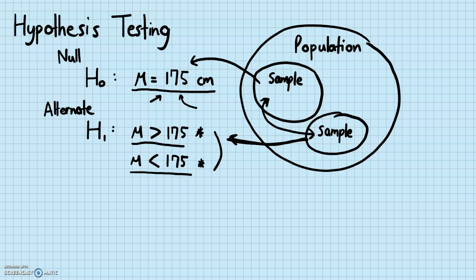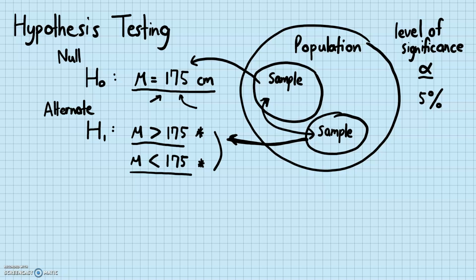Okay, and this approximation is called the level of significance. And this is usually notated as alpha. Okay, and we use different percentages for alpha depending on the situation. We'll use 5% in this case. What does this mean?